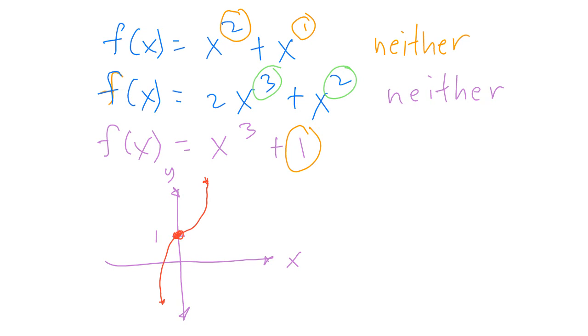It's at 1, not at 0, or not at the point of origin. Looking at the power of 3, you're supposed to have an odd function here, but it doesn't conform with the definition. It should be symmetrical to the point of origin. This is not symmetrical to the point of origin because it is moved up 1 unit. So your answer here is neither also.